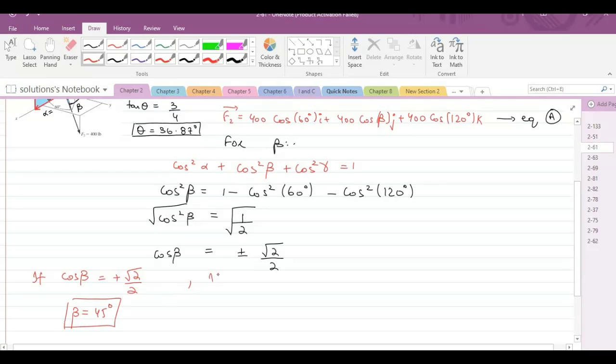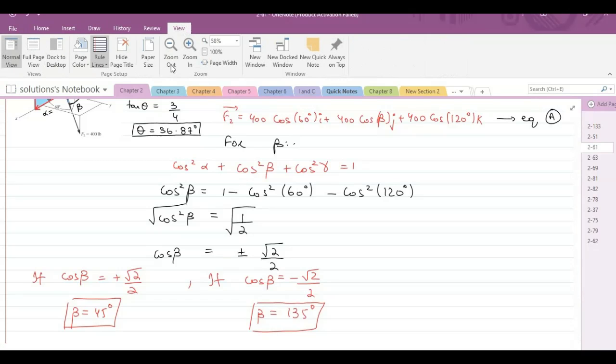And if cos beta is negative root 2 upon 2, then beta comes out to be 135 degrees. So we have to select only one angle. Which one to select? One is the 45-degree angle and the other is the 135-degree angle.